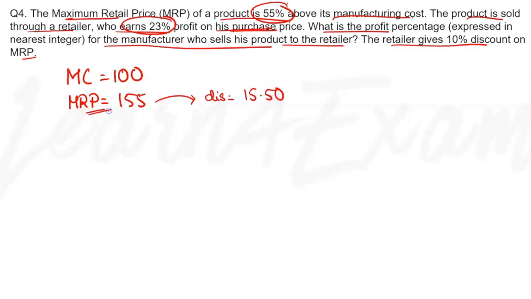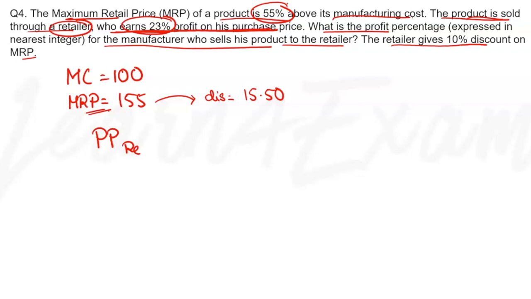On the MRP. But the point is, here it's given that the product is sold through a retailer who earns 23% profit on his purchase price. So whatever is the purchase price of the retailer, he is earning a 23% profit on that, right?